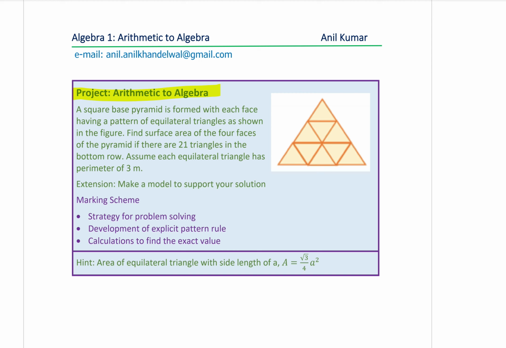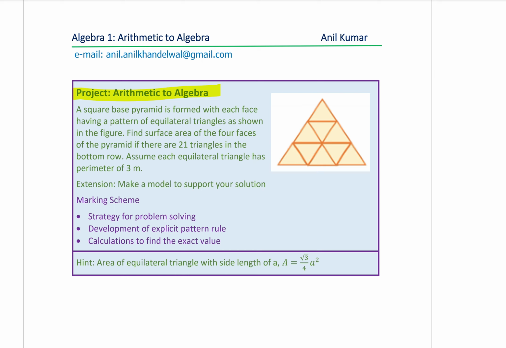The question is: a square-based pyramid is formed with each face having a pattern of equilateral triangles as shown in the figure. Find the surface area of the 4 faces of the pyramid if there are 21 triangles in the bottom row. Assume each equilateral triangle has a perimeter of 3 meters.